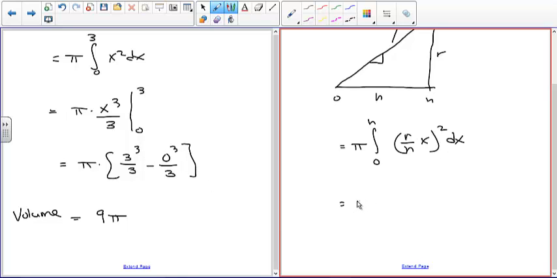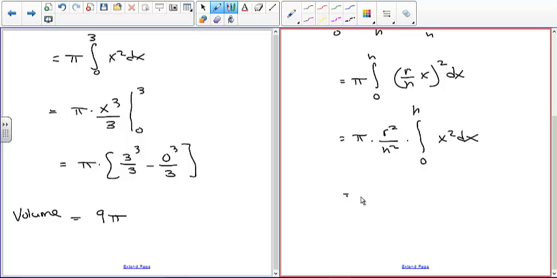Here, as ours was a 45-degree angle, here it depends upon the ratio there. Okay, so we get pi times, these are constants for a particular cone, so I can bring those outside the integral. So you'll have r squared over h squared, and then the integral from 0 to h of x squared dx. Then we integrate this and we'll get x cubed over 3 integrated from 0 to h.